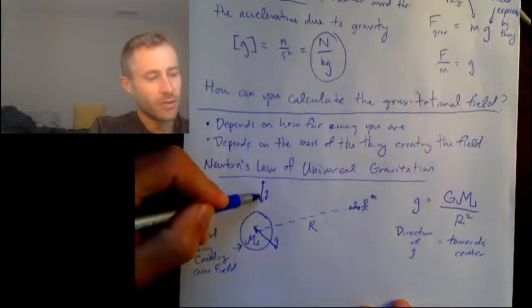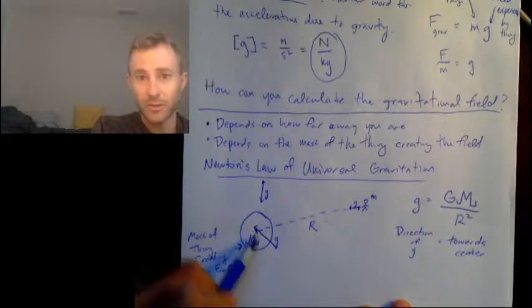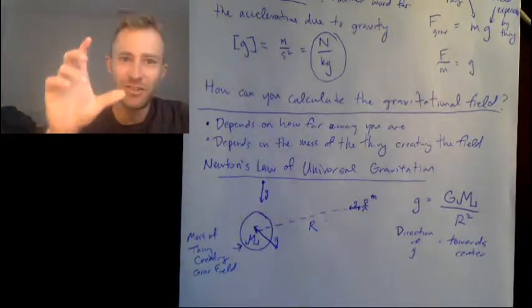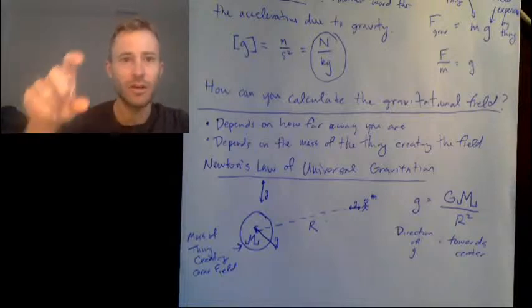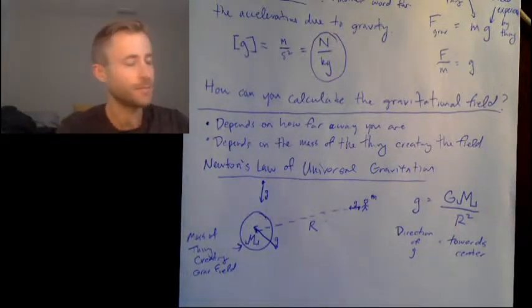This arrow is slightly longer because it's closer to the center of the planet. And this one is the longest because it's closest to the center of the planet. So its size changes depending on how close you are, and its direction changes depending on where you are relative to the center. Okay?